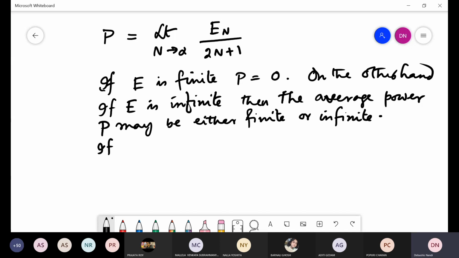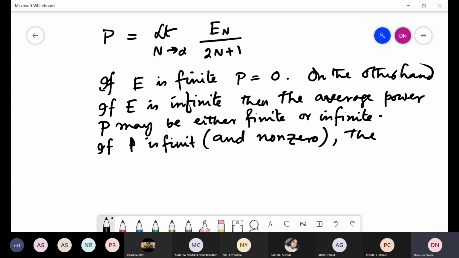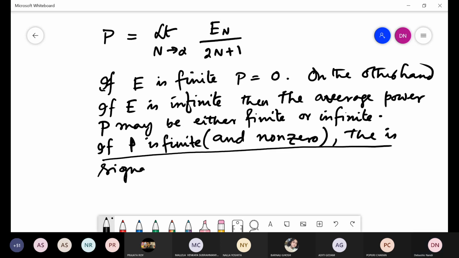And if P is finite and non-zero, the signal is called a power signal.